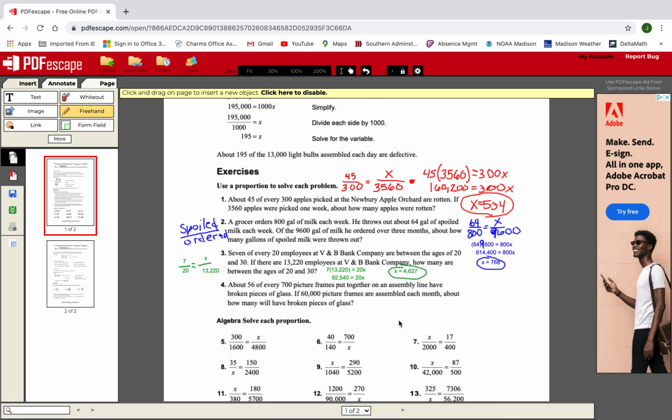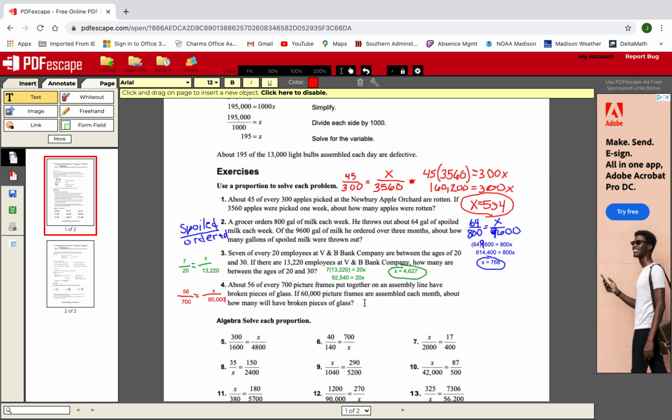All right. On for, let's go back to red. About 56 out of every 700 picture frames put together on an assembly line have broken pieces of glass. If 60,000 picture frames are assembled each month, how many will have broken pieces of glass? Okay, so 56 broken out of every 700. So how many broken out of 60,000?